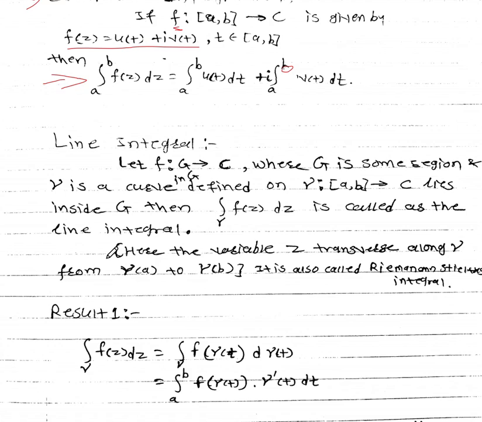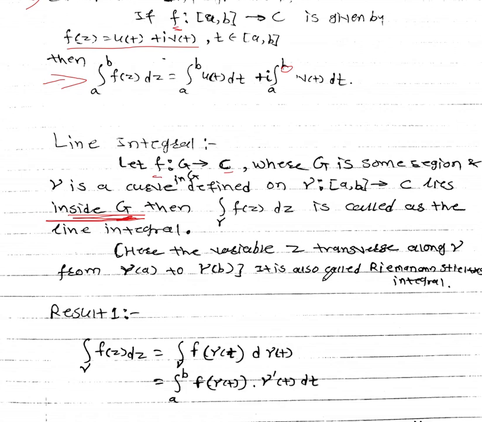When we say line integral, f(z) is any function in a region G in the complex plane C, where G is some region and gamma is any curve defined in the region G, given as gamma: [a, b] to C, lying inside the region G. If that gamma curve lies inside the region G, then the integral over gamma of f(z) is called a line integral.